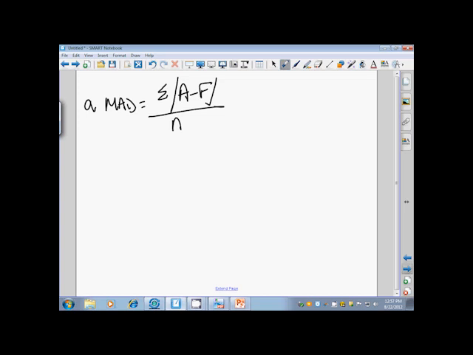So looking at the formula, I'm going to take the demand for week 1, the actual demand, and subtract the forecasted demand. So that's 218 minus 240. And you should get a negative 22. But we want that absolute value. What's the absolute value? It means taking away the sign. So instead of negative 22, it's just going to be 22.